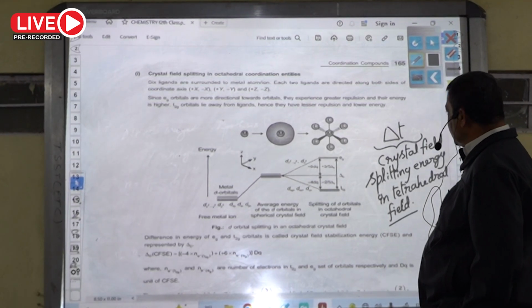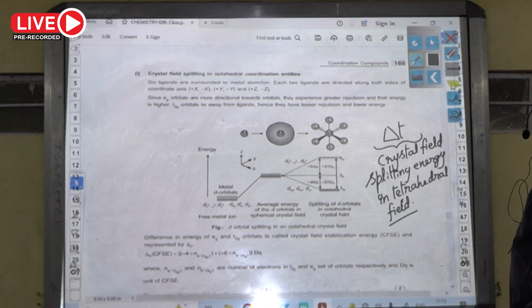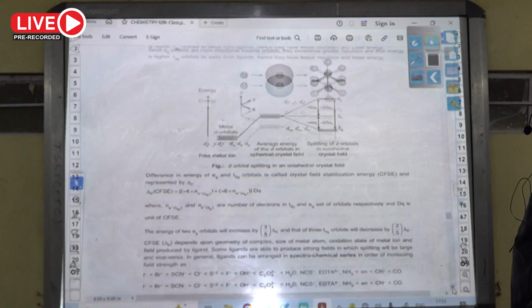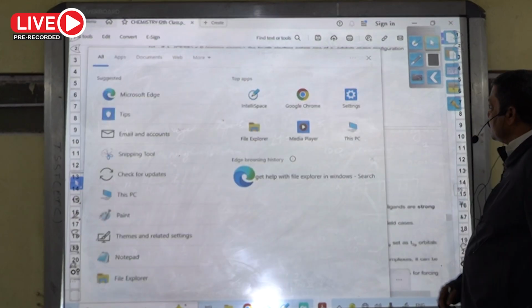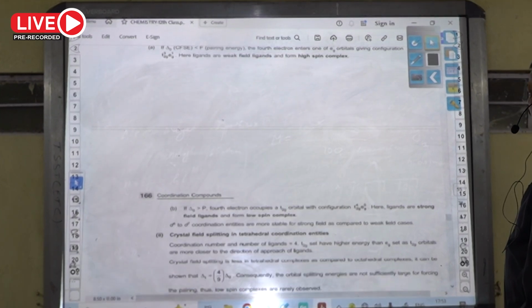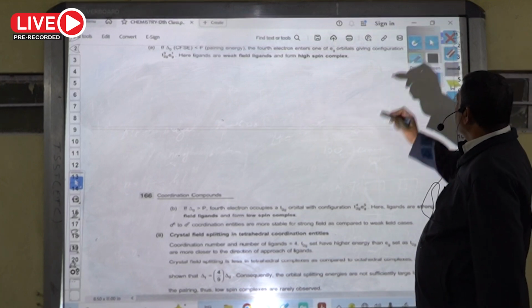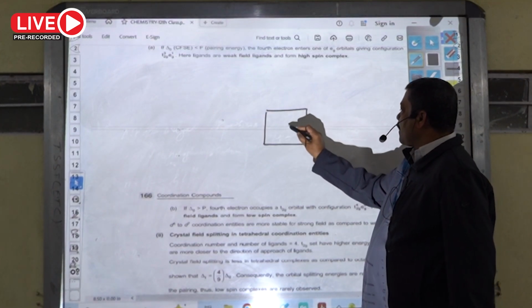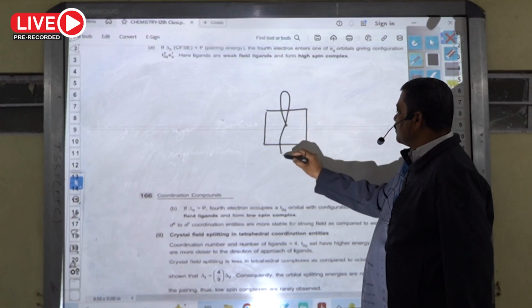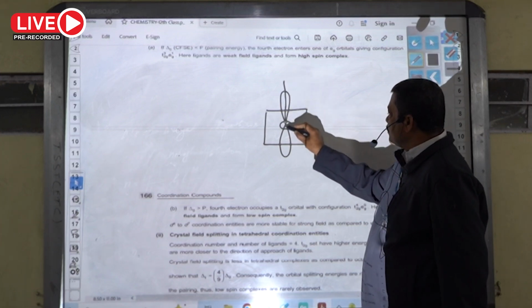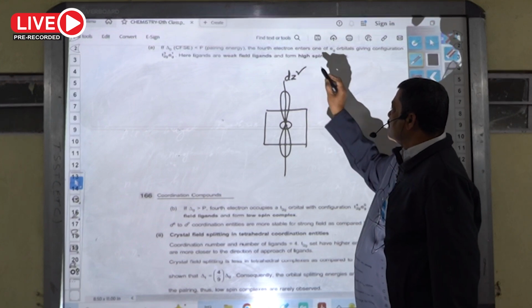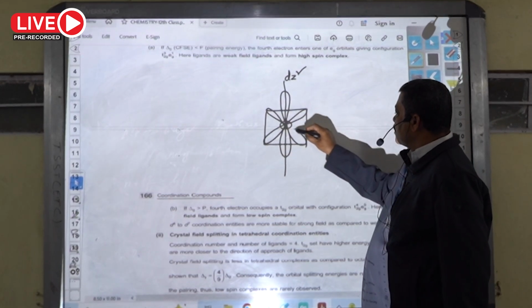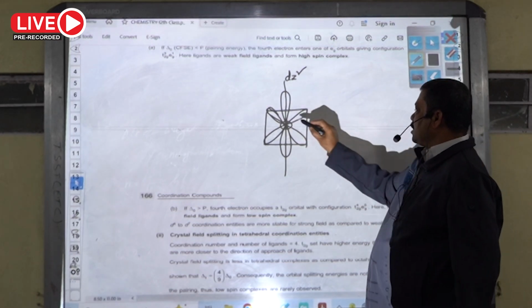Okay, see the difference between Td and Oh. Actually, this is octahedral field.